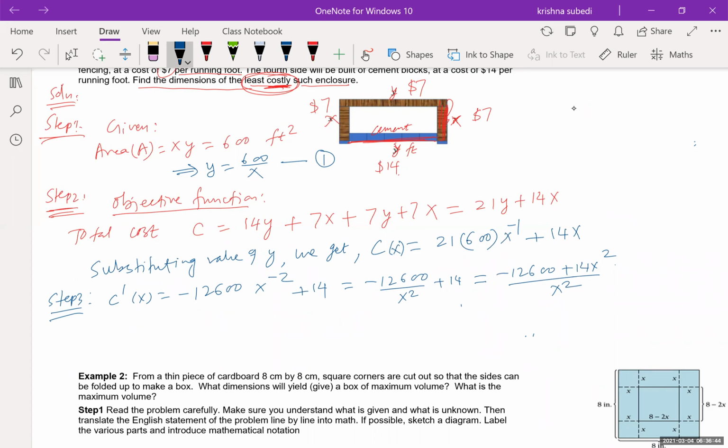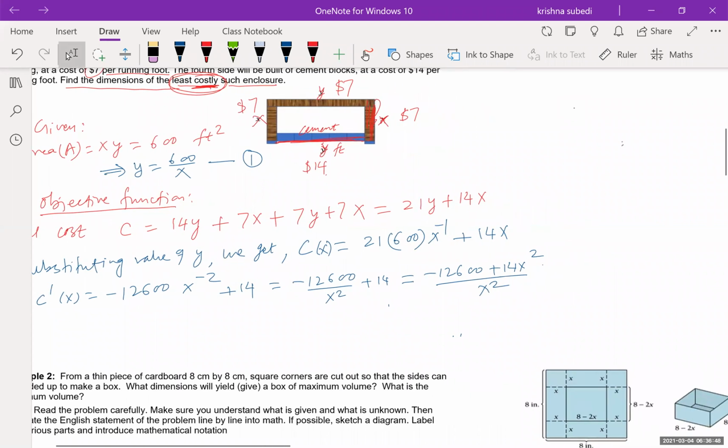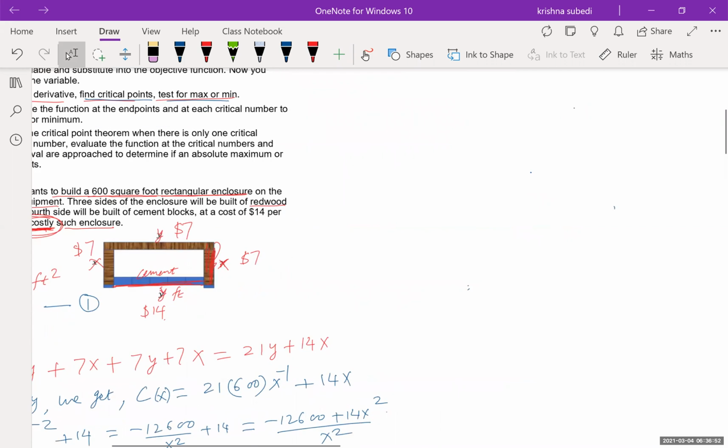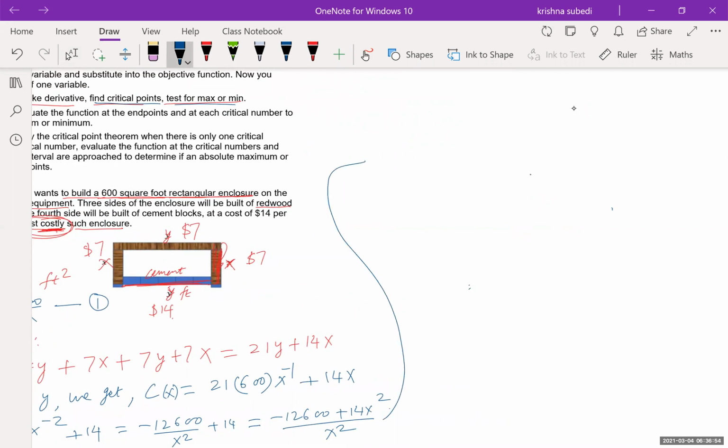Now for critical numbers, we know that the derivative equals 0 or the derivative is undefined.